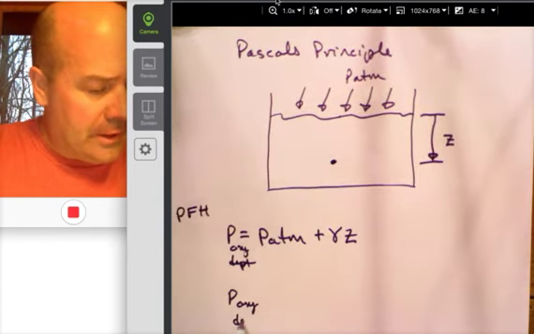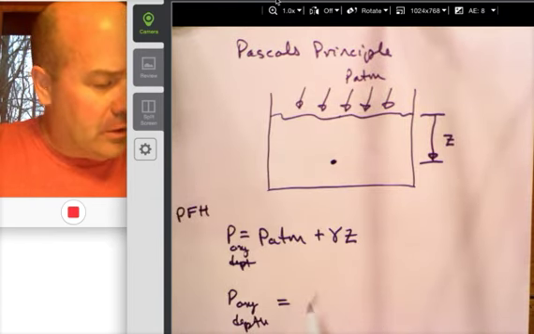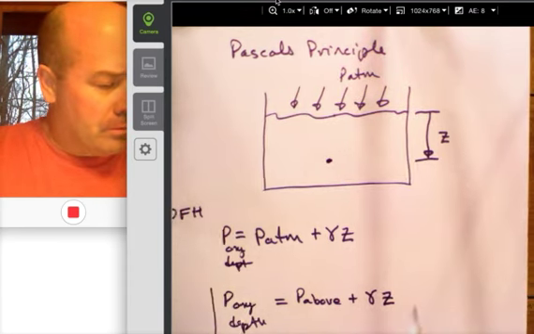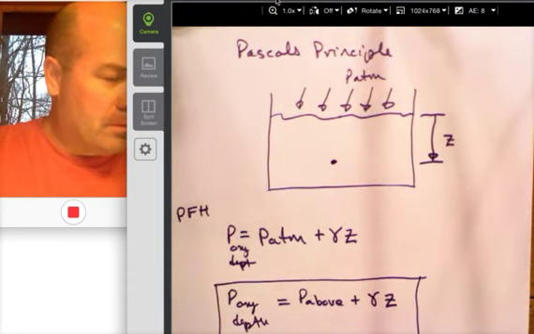The pressure at any depth is the pressure at any point above, plus gamma Z, where Z is the distance from wherever above to that point, to the depth. There's the pressure-fluid height relationship.